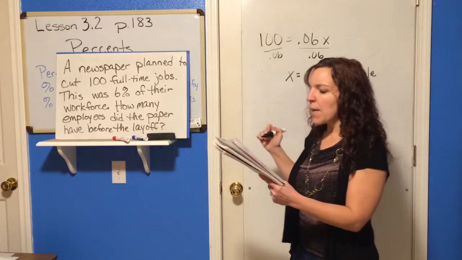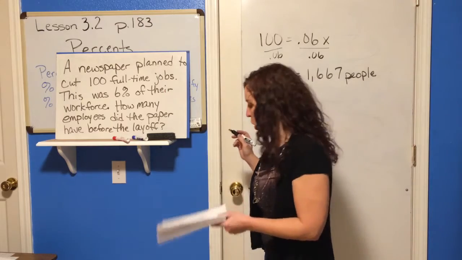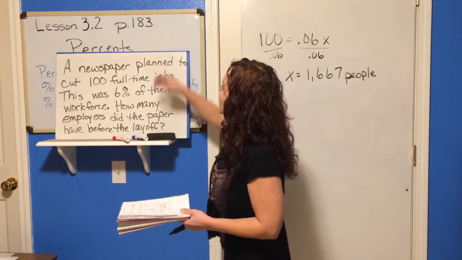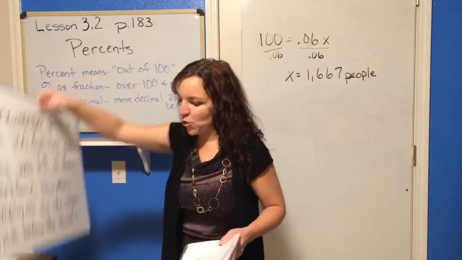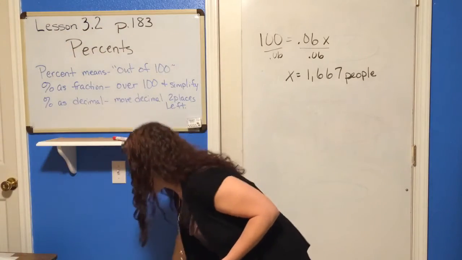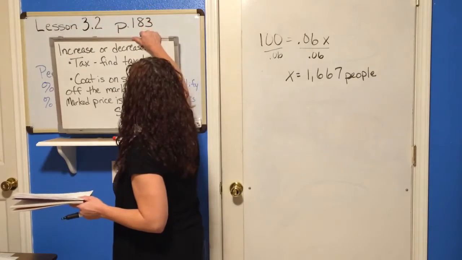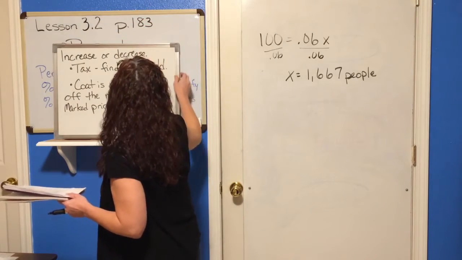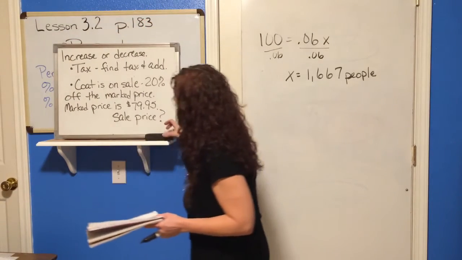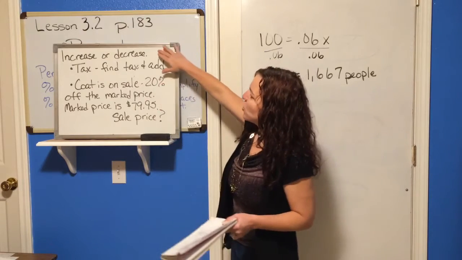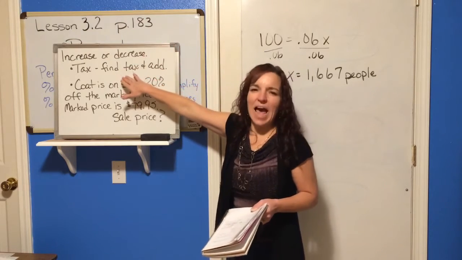All right. You can also find a percent increase and a percent decrease. You may already recognize that by anytime you purchase something, there is tax involved. Sometimes shipping and handling will be a percentage. So the increase would be a tax.